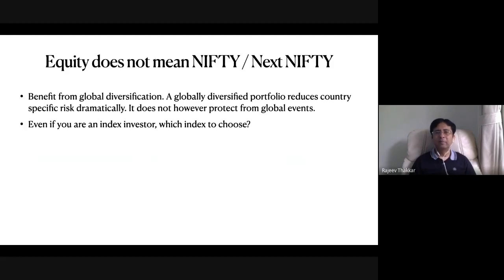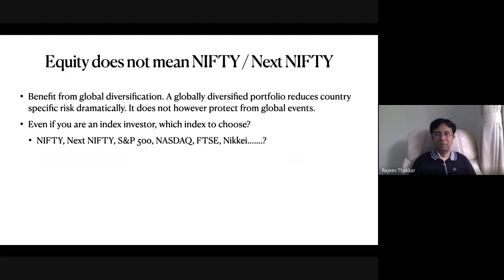So typically, even in the argument over passive versus active, people talk about Nifty indexing or Next Nifty investing or something like that. But really, even if you are a passive investor, choose some other indices to invest in.